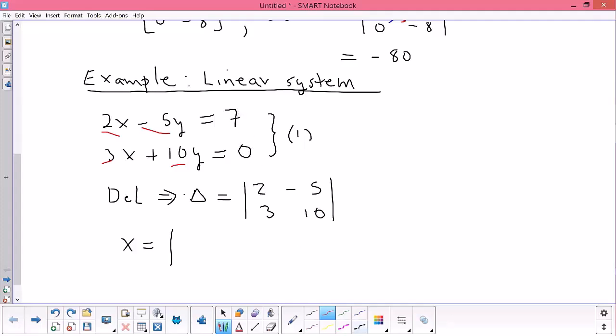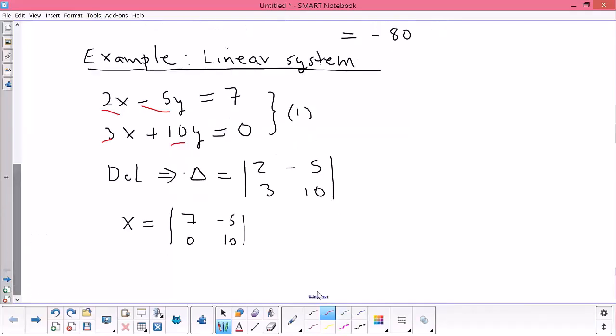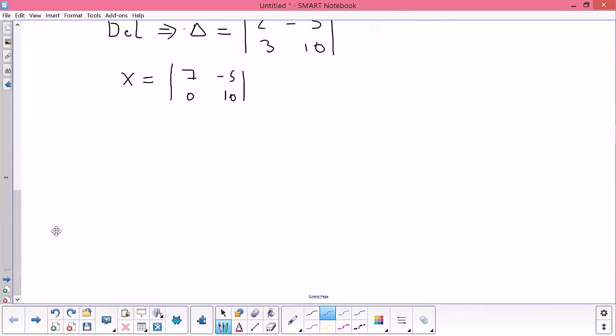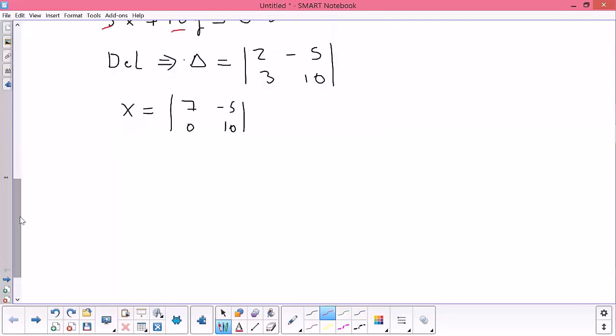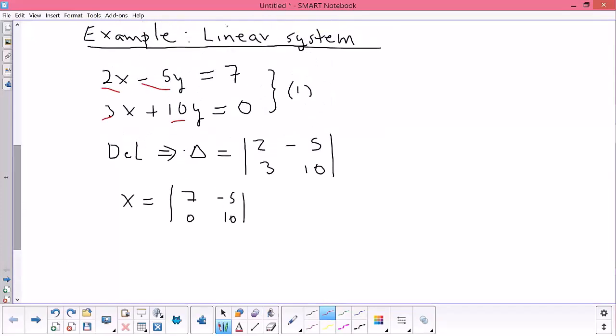So I have the determinant 7, 0, and I repeat the next column, minus 5, 10. And I'm going to divide this by the del, that determinant. That's how I'll find x.